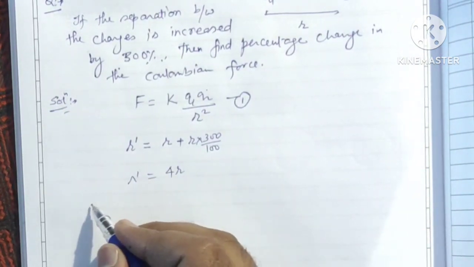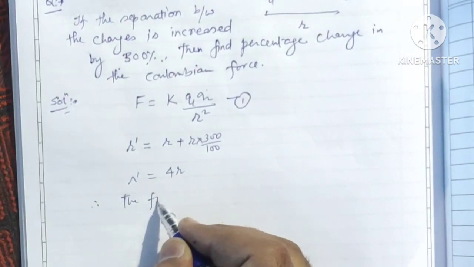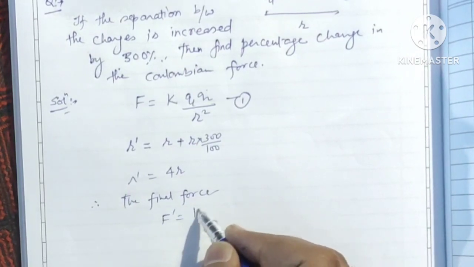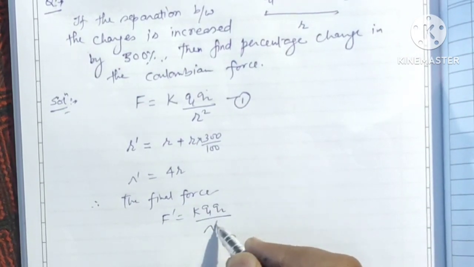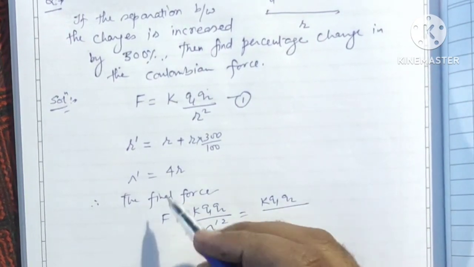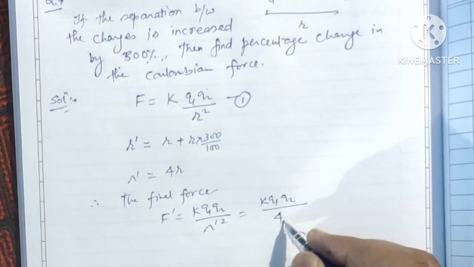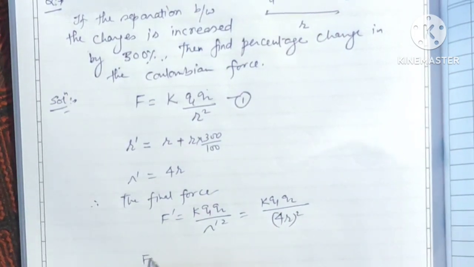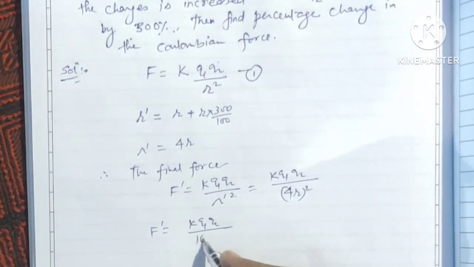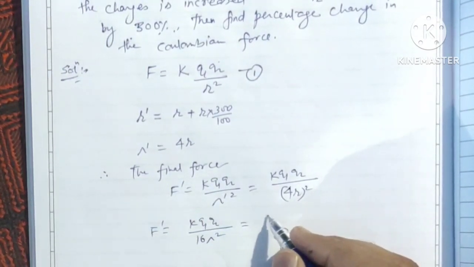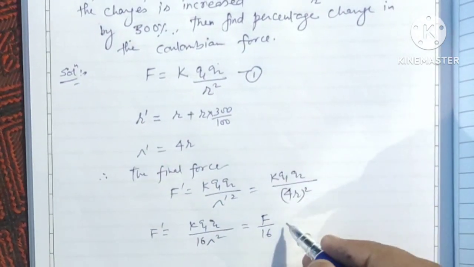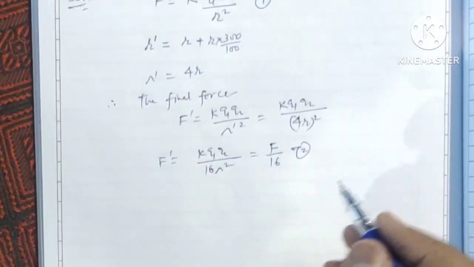Therefore the final force F dash is equal to K Q1 Q2 by R dash square, which is K Q1 Q2 by 4R square. Now F dash comes out to be K Q1 Q2 by 16R square. Further it can be written as F by 16, if we compare this with the first equation; let's say this is the second equation.